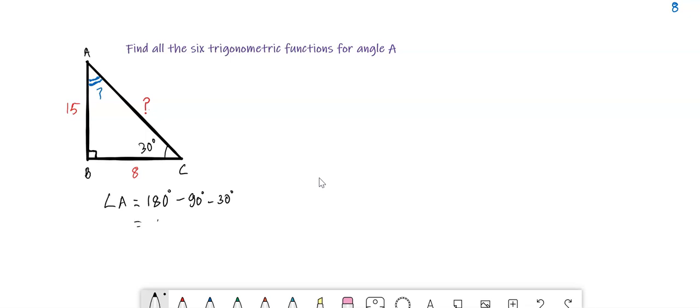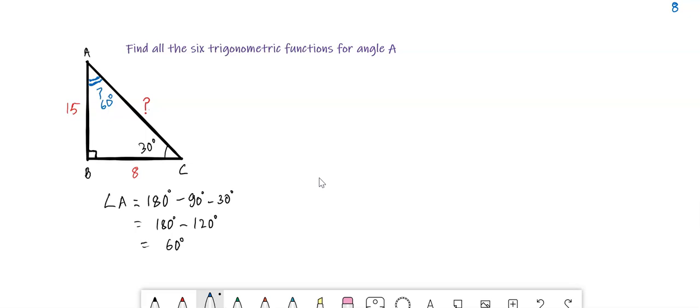That is 180 degrees minus 120 degrees, which is 60 degrees. So angle A is going to be 60 degrees.